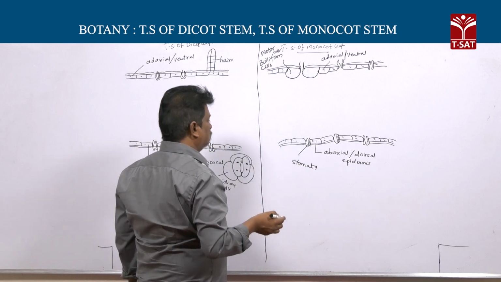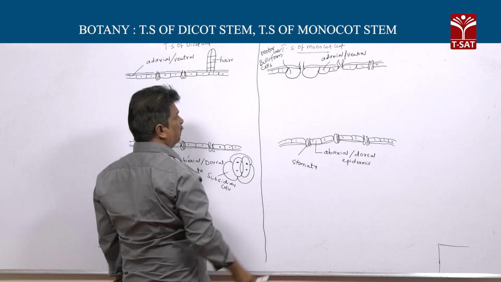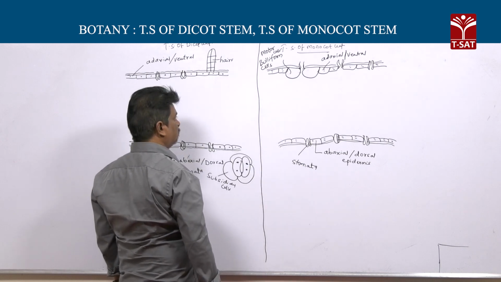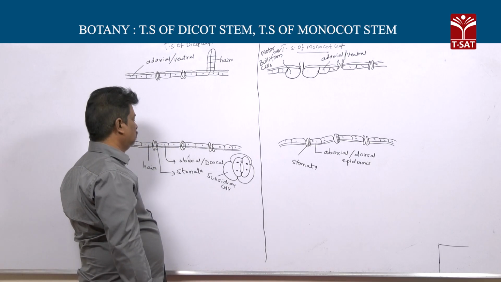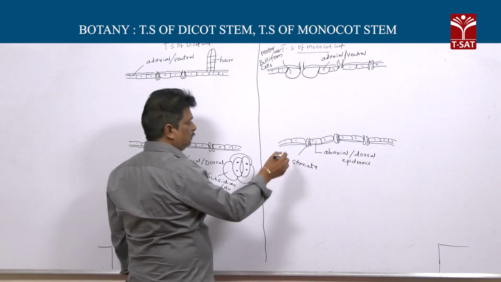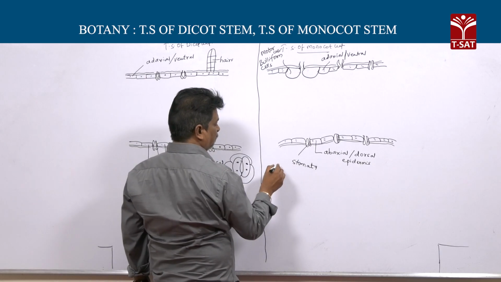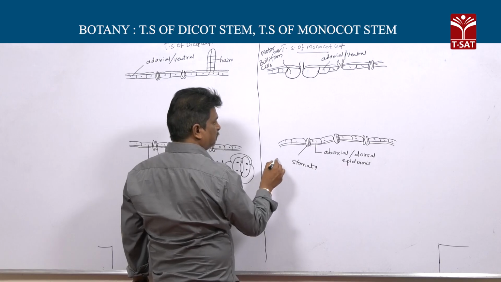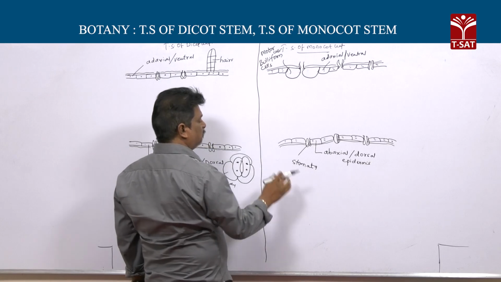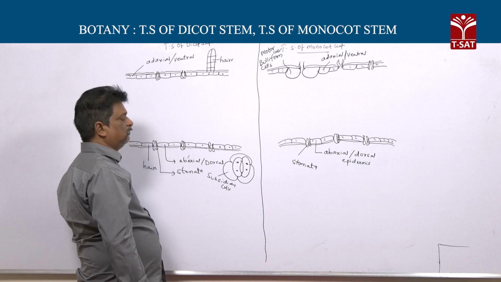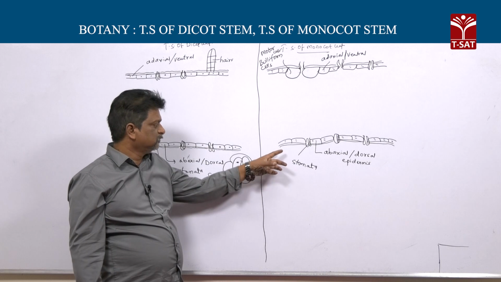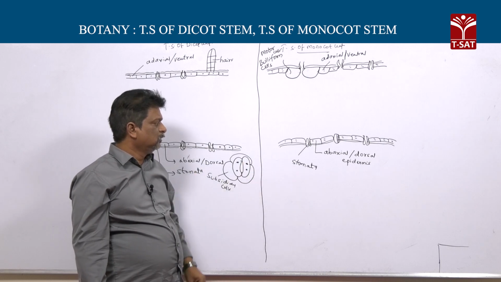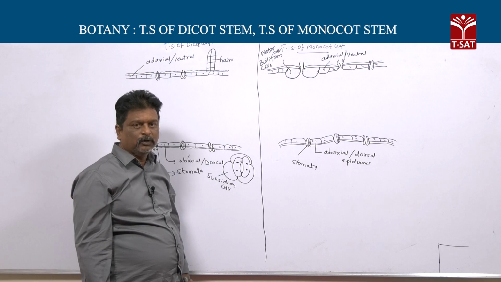And in grass leaf, the epidermis is without outgrowths or hairs. The stomata have a turgor-operated valve enclosed by guard cells, but those guard cells are dumbbell shaped in monocots.